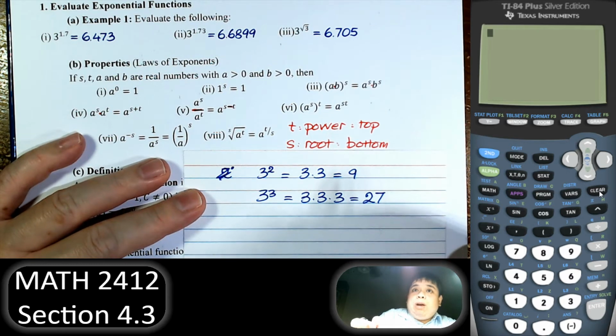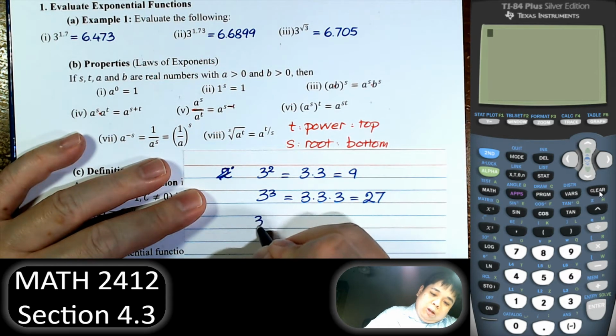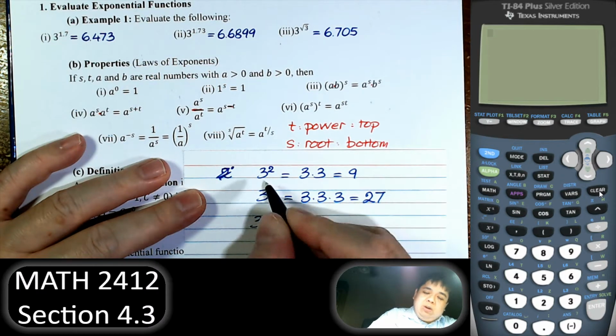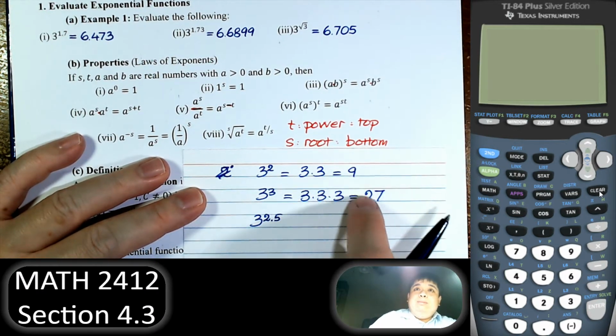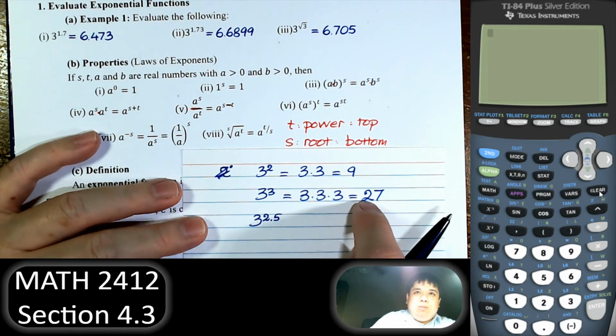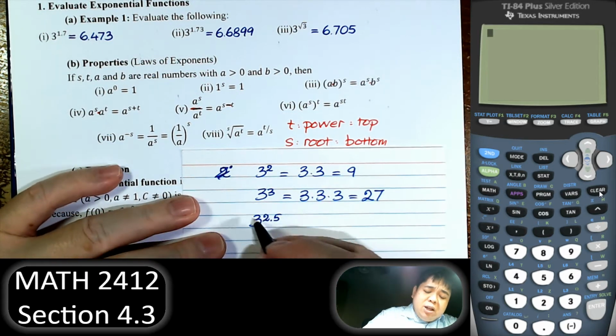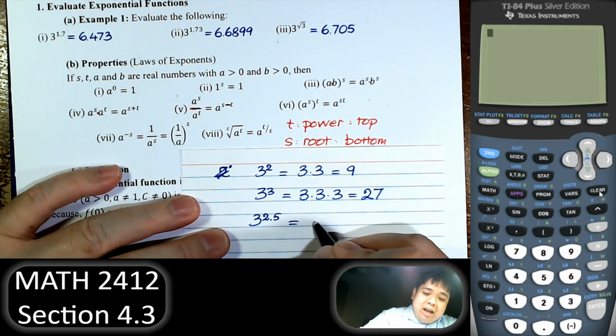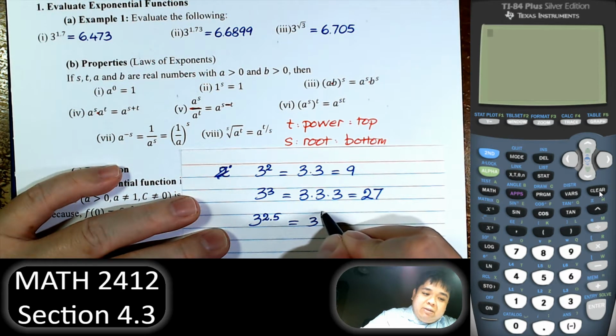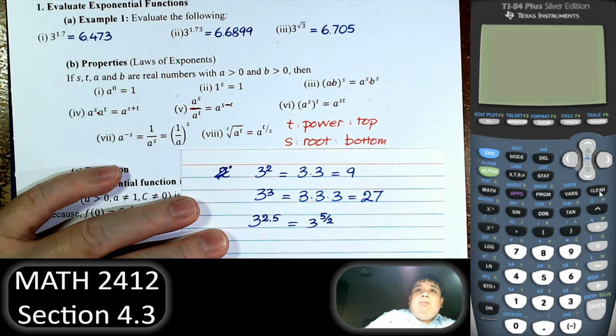So that's good, right? Now how about 3 to the 2.5? Of course it's not going to be in the middle between those numbers. It is in between but not in the middle. So we write 2.5 as 5 halves.